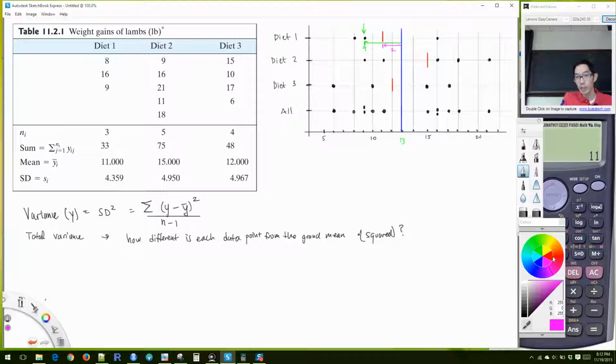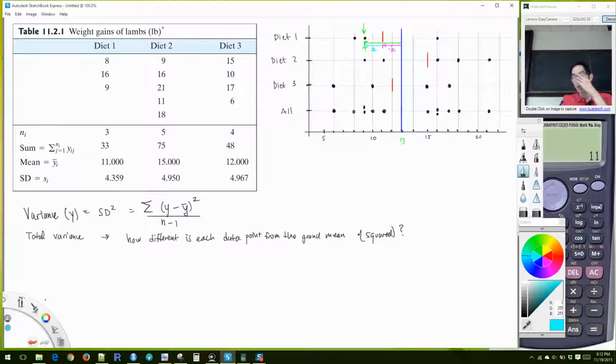And then he himself is still further, another 2 units away from his own group mean. So that difference of 4 units from the grand mean is broken out into 2 parts. His group mean is different, and then he himself is different from his group mean.